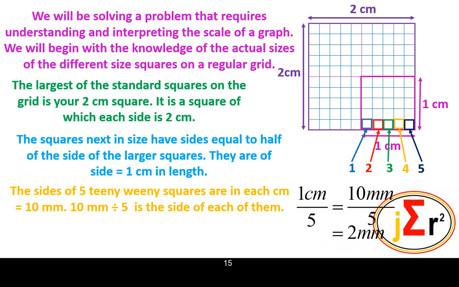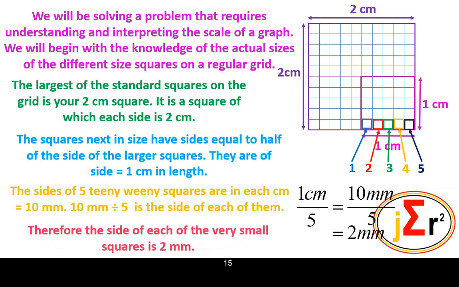So we have your 2 millimeter squares, we have your 1 centimeter square, and we have your 2 centimeter square. Those are the sizes of all 3 standard size squares on your regular grid. Therefore, the side of each of the very small squares is 2 millimeters.